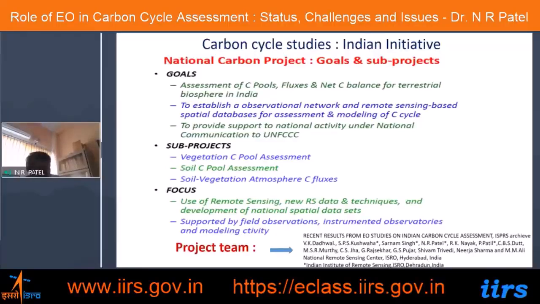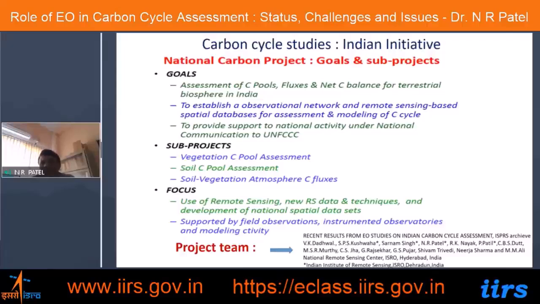So in India, on a similar line to the Global Carbon Project, or global international agencies like the International Geosphere-Biosphere Programme, they have very detailed carbon balance budgeting, and many sectors and agencies are involved to generate the carbon budget and understand the carbon cycle.